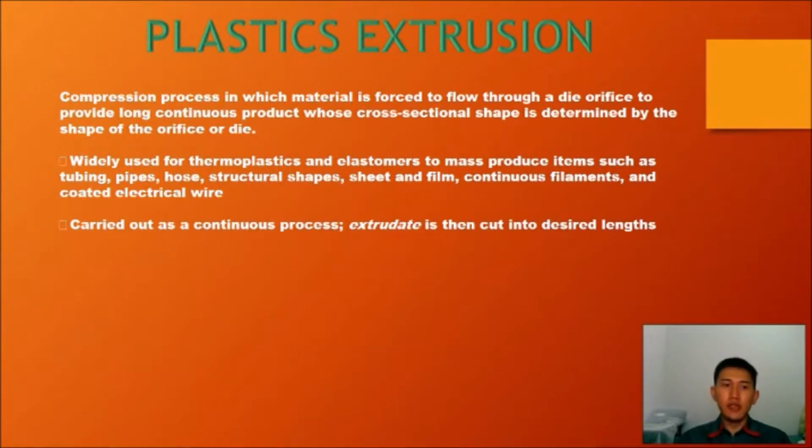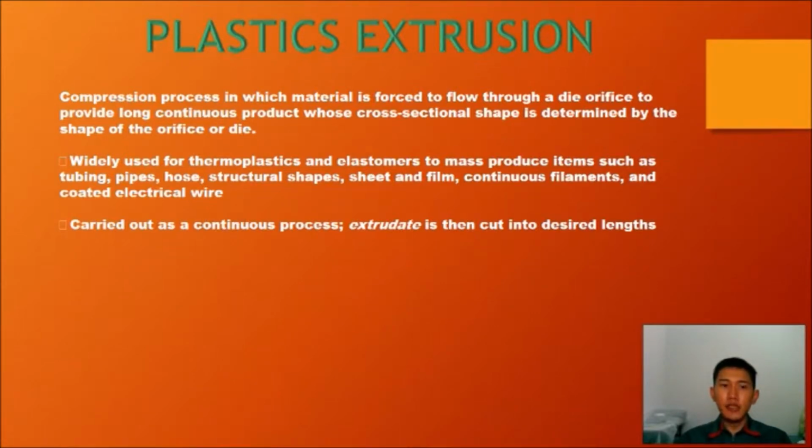Plastics extrusion is a compression process in which material is forced to flow through a die orifice to provide a long continuous product whose cross-sectional shape is determined by the shape of the orifice or die.